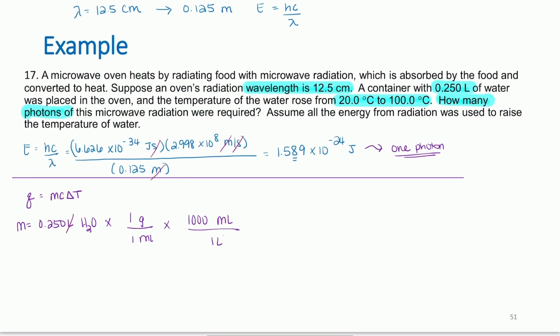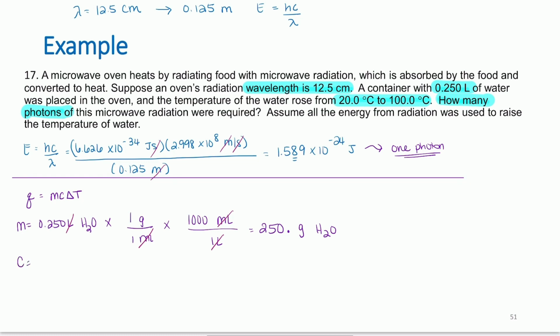That cancels liters out, that leaves milliliters. So 0.250 times 1,000. Making sure, yes, okay. Sometimes I get tired and I don't convert well, so I like to check it to make sure that I am correct. It is 250. So 0.250 liters is about 250 grams of water.